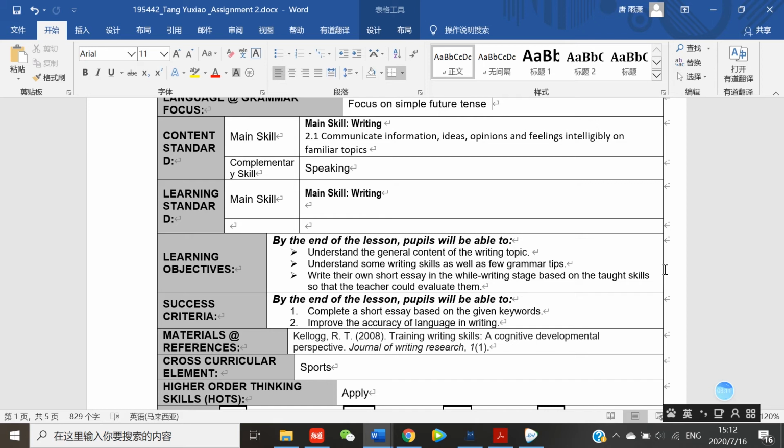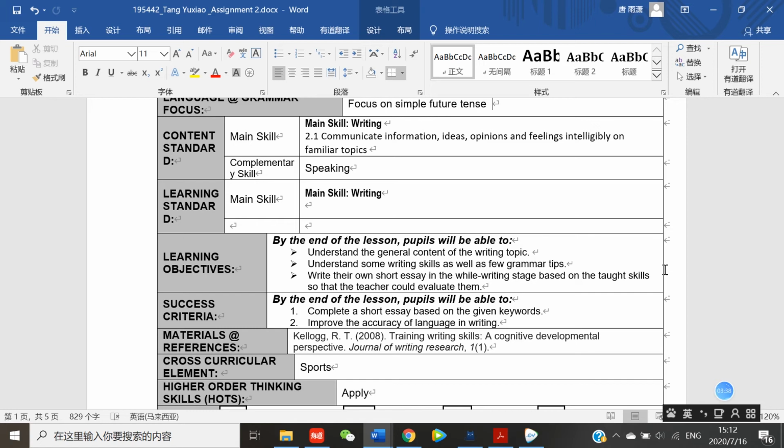And by the end of the lesson, students will be able to complete a short essay based on the given keywords and improve the accuracy of language in writing, because students need to rewrite their essay after the teacher gives clues.